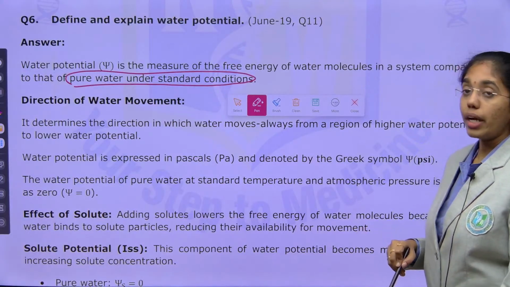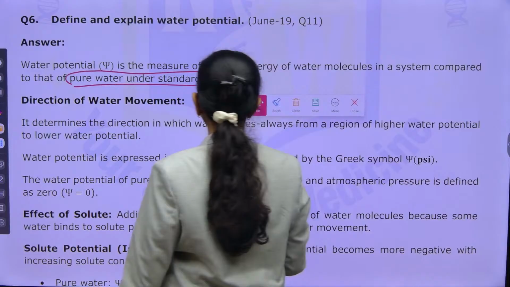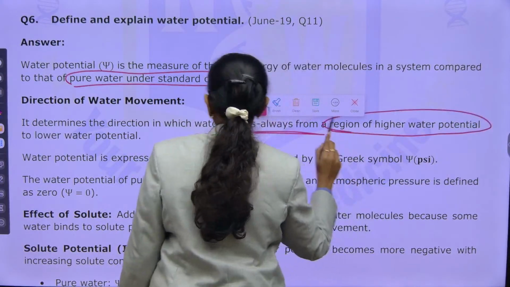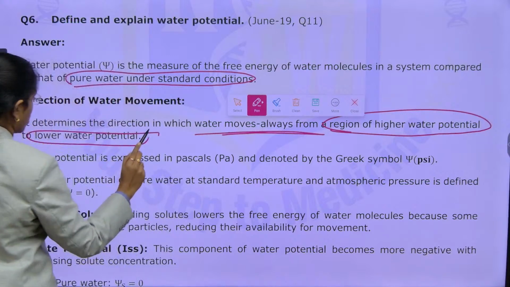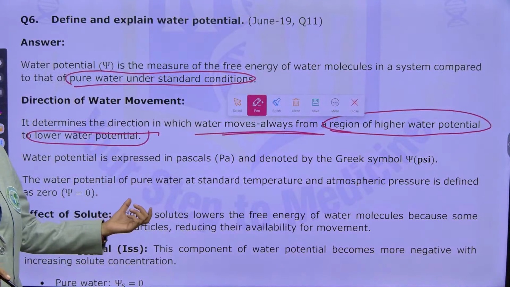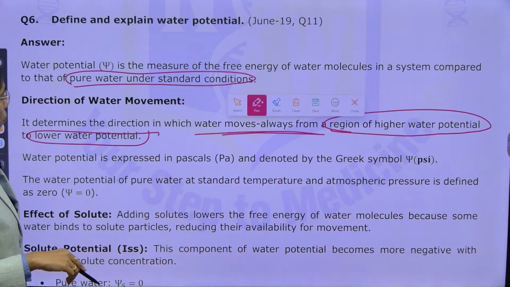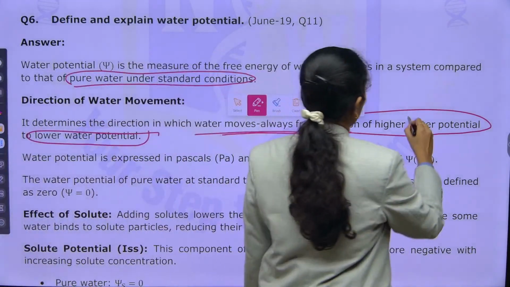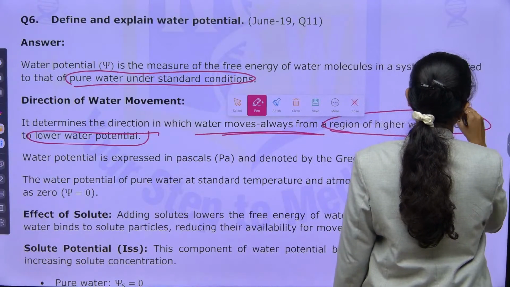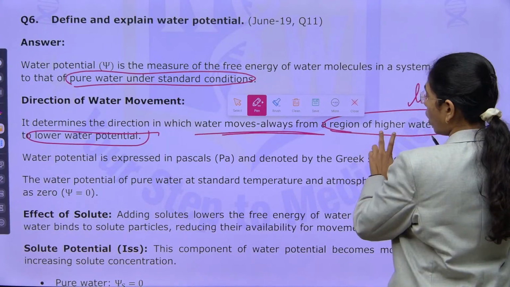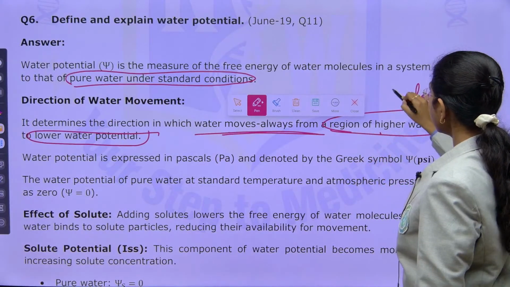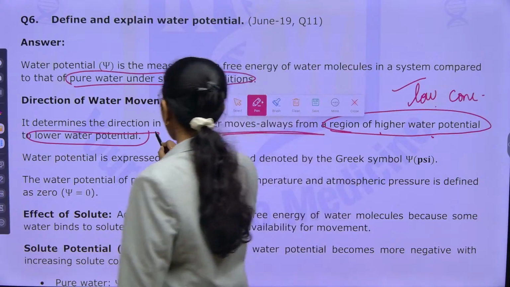During water movement, it determines the direction in which water moves, always from a region of high water potential to lower water potential. You can also say high concentration to low concentration. Sorry, low concentration to high concentration. High water potential means low solute concentration, right? That is low concentration to high concentration.